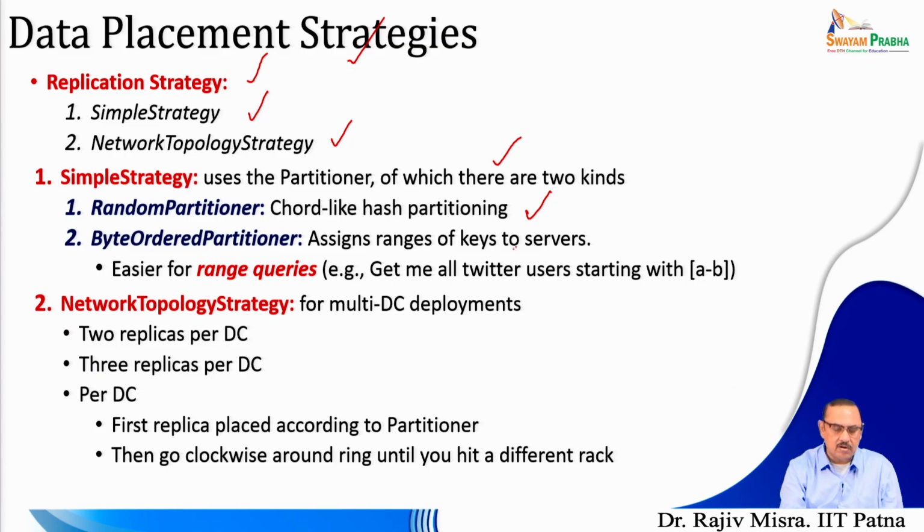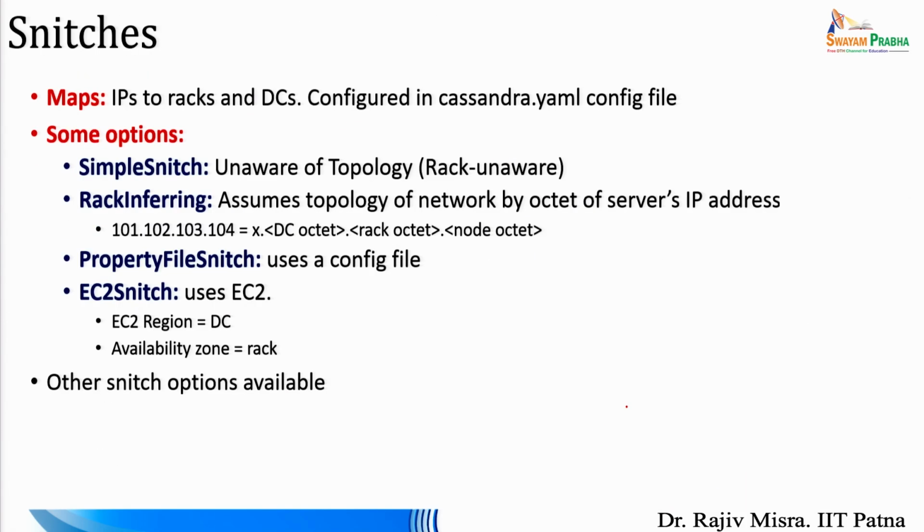The other is called the byte order partitioner, which assigns ranges of keys to the servers, which is easier for range queries. Network topology strategy is for multi data center deployment, with 2 replicas per data center or 3 replicas per data center. Per data center, the first replica is placed according to the partitioner and then you go around the ring until you hit a different rack. So, these are all called data placement strategies.